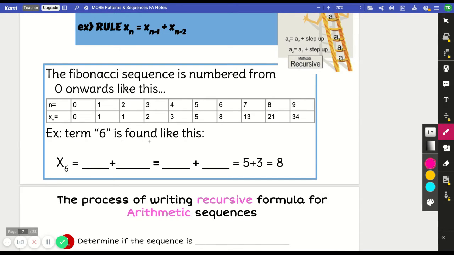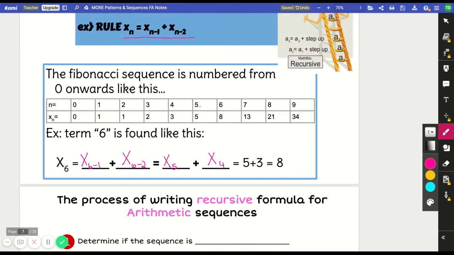So term number 6 is found like this. We're using the rule up at the top, and it's saying x sub 6. Now wherever I see n in this equation, I'm going to plug in 6. So x sub 6 minus 1 and x sub 6 minus 2. Now I solve those. 6 minus 1 is 5 and 6 minus 2 is 4.